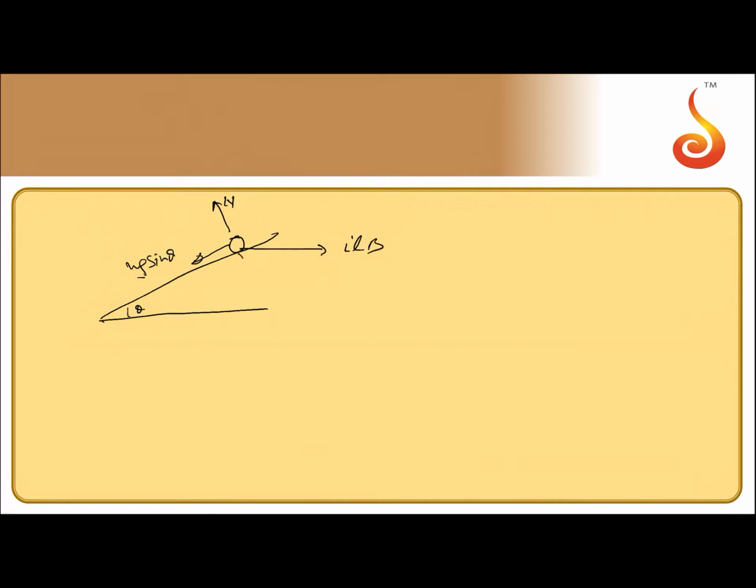This ILB can be resolved. This will be ILB cos theta, and here it will be ILB sin theta. We are resolving this. So we can see that for this magnetic force to be in the direction shown in the figure, current must be from E to F.